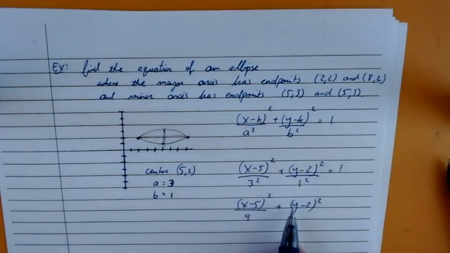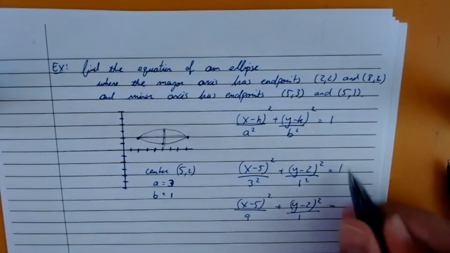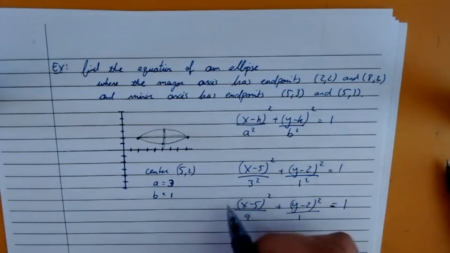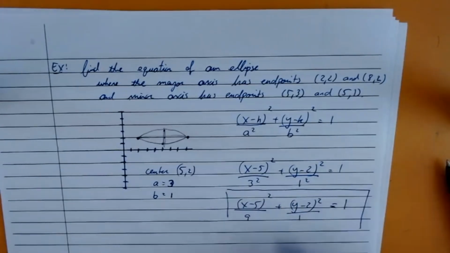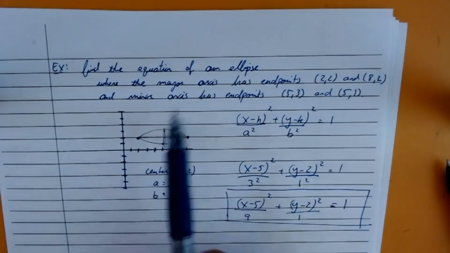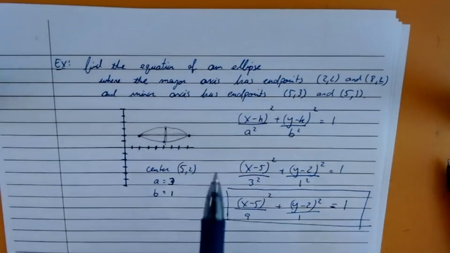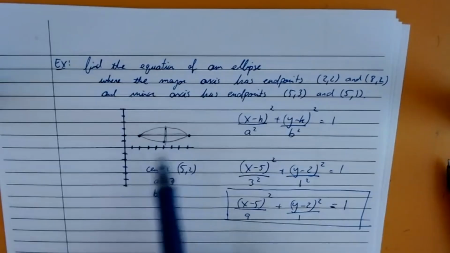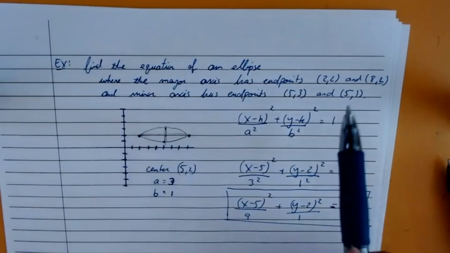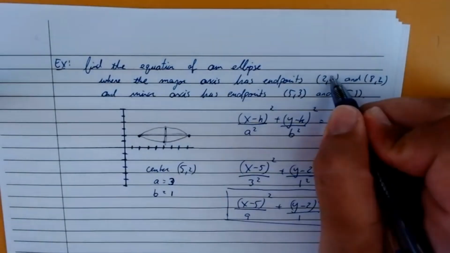Dividing by 1 doesn't change anything, so oftentimes you would just leave it the way it is. However, some people prefer to write the 1. Either one's fine. And anyway, that's equal to 1. So this is our equation of the ellipse described here. Notice the picture does come in handy to explain where everything fits together. However, you note that you could have done it even without the illustration.